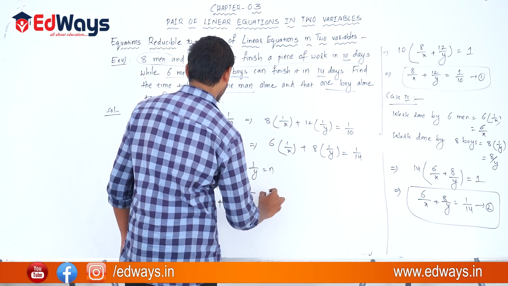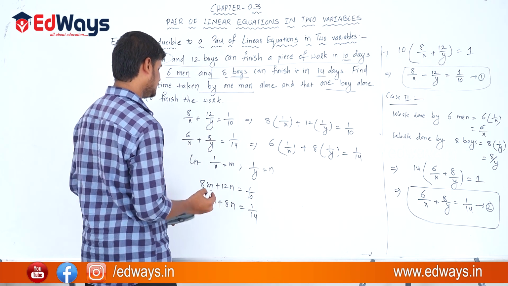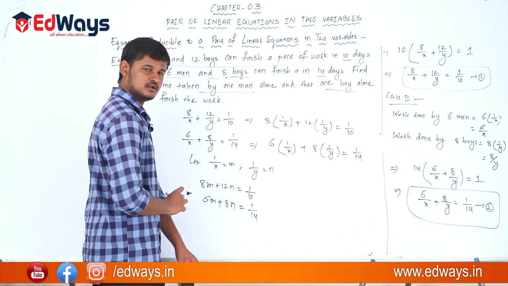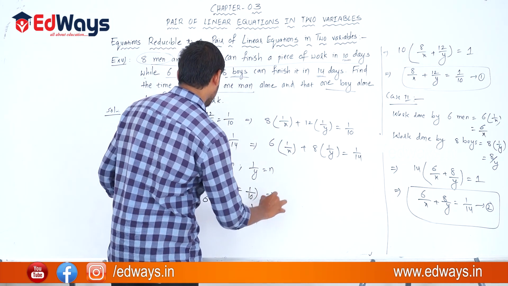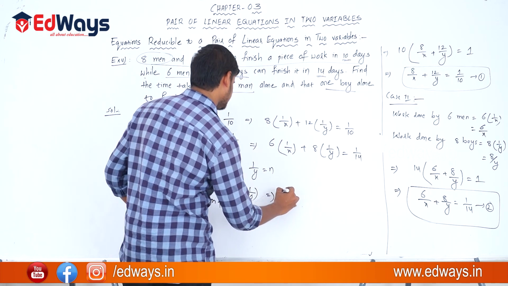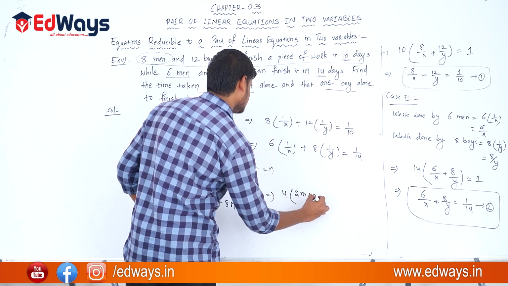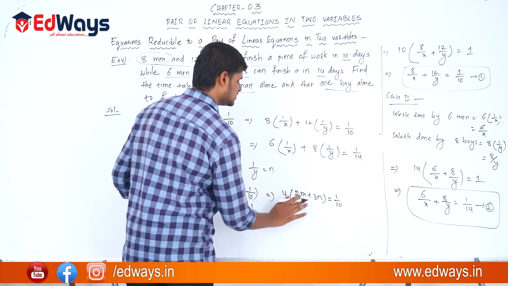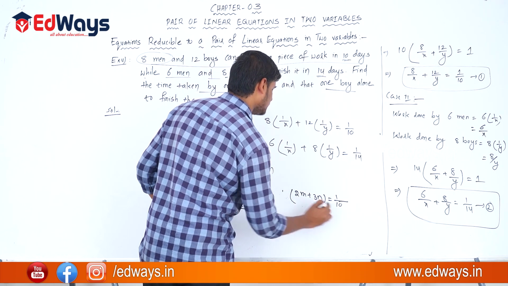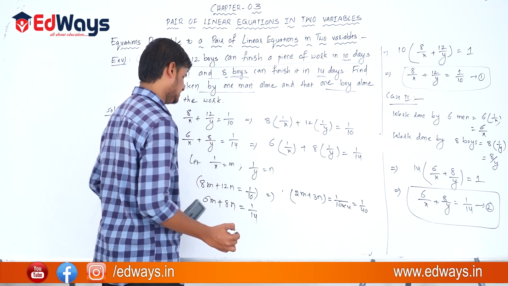I can do the cross multiplication, or I can directly go for simplifying the equation. How do I simplify it? Let me take 4 common in the first equation. If I take 4 common, it will be 2m plus 3n, and sending the 4 to the other side, that is 1 by 40. This is the first equation now.